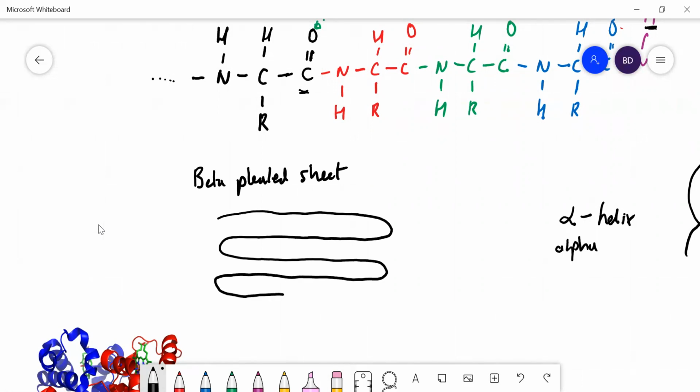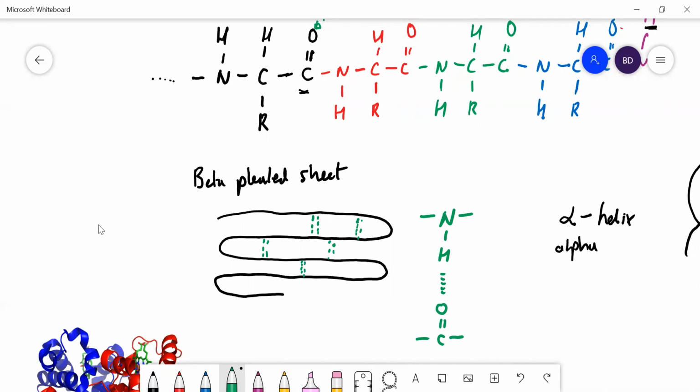And what's holding these bits together is you get hydrogen bonds across. And the hydrogen bonds, once again, are between the hydrogen on a nitrogen on one amino acid, and the lone pair on the carbonyl oxygen on a different one. And so you get hydrogen bonds forming across this. So that's fairly common in proteins as well, the beta pleated sheet.